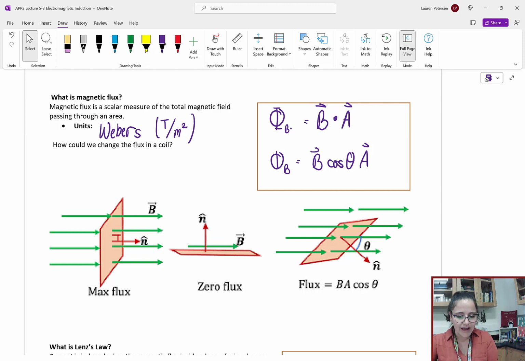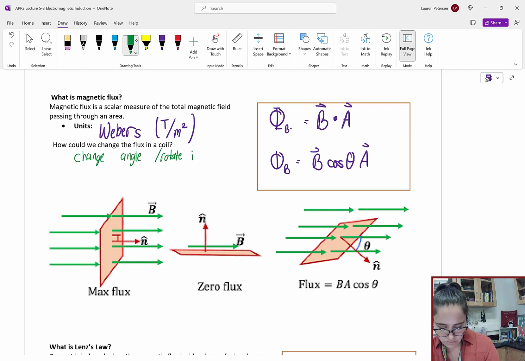So how do we change the flux in a coil? Well, as I was just showing you, we can change the angle or rotate it. It is also possible that we can change the area. Make the actual coil bigger or smaller.